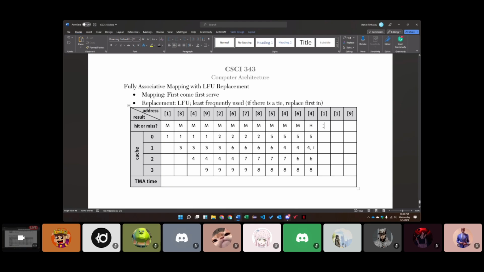1 is a miss. So now 5, 6, and 8. 6, 5, 8. Wait. 6 was used twice. So, hold on, wait. This is easier to do with the table.